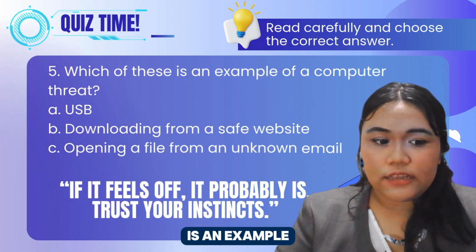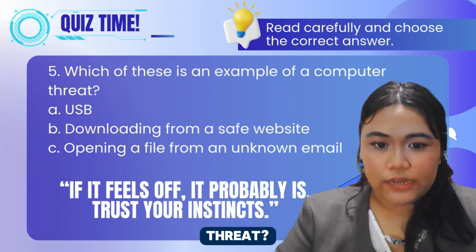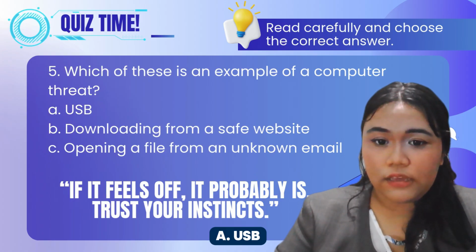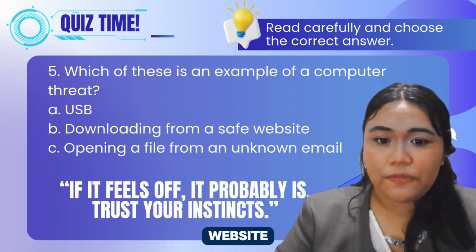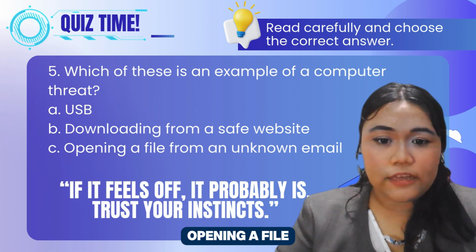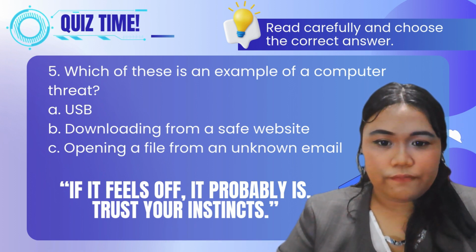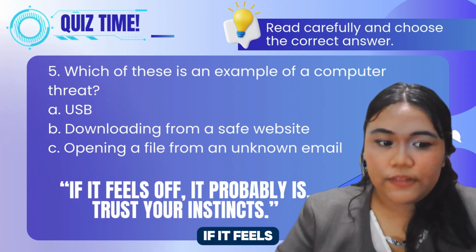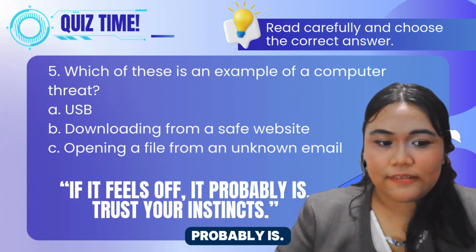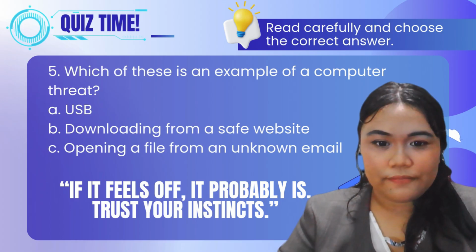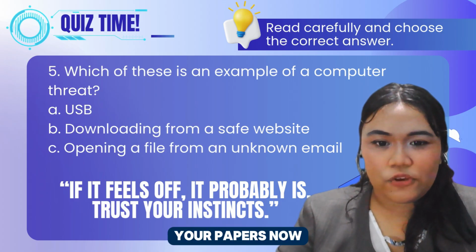Which of these is an example of a computer threat? Is it A. USB, B. Downloading from a safe website, or letter C. Opening a file from an unknown email? If it feels off, it probably is. Trust your instincts. Okay, please pass your papers now.